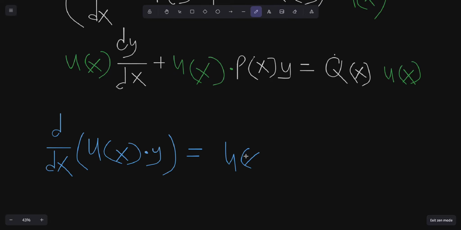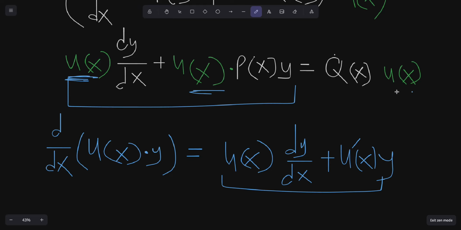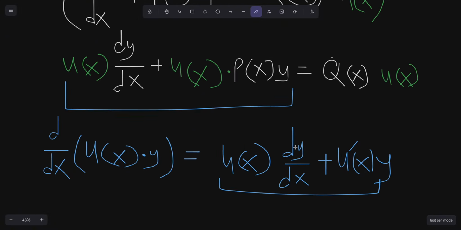Left times the derivative of the right, which is the derivative of y, which is just dy dx, plus right, which is y, times the derivative of the left, which is u prime of x, right? So this left-hand side and this product that I wrote right over here, they look pretty similar. And if I set them equal to each other, then I'm able to find this mysterious function that I need to multiply the whole equation by that's able to allow me to turn this into a product, okay?